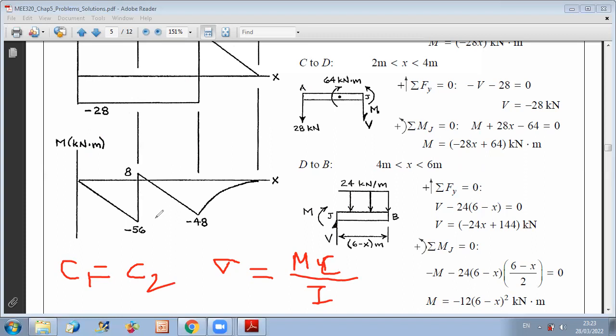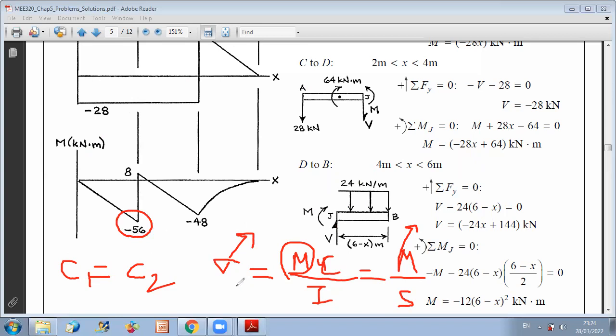You only have to select the absolute value of the maximum bending moment, because sigma is equal to M over S. Sigma is maximum for the maximum bending moment in absolute value. The maximum bending moment in absolute value is 56.